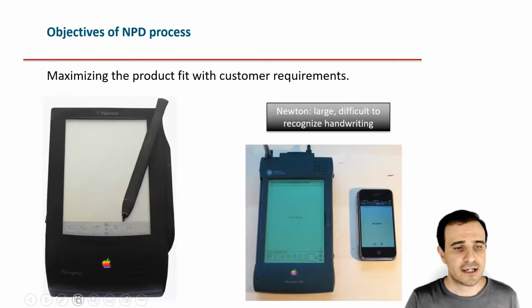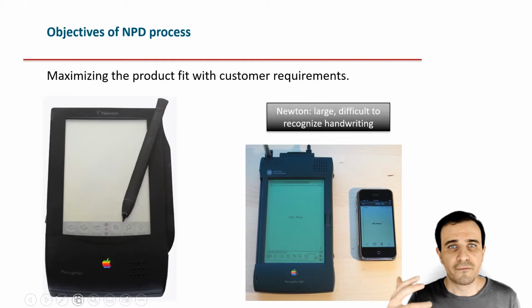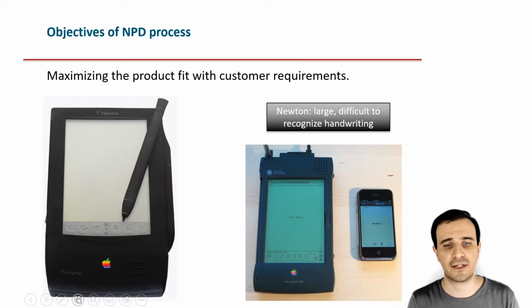Let me give you some examples about this challenge, maximizing the product fit with customer requirements. A case in point could be the Newton pad. This was one of the first personal devices developed by Apple.